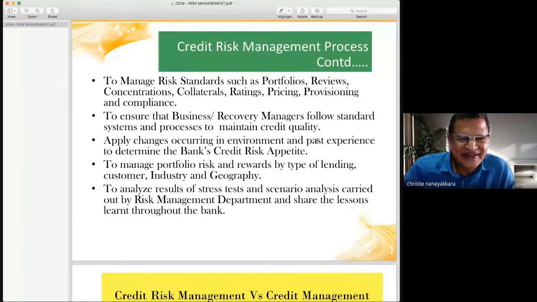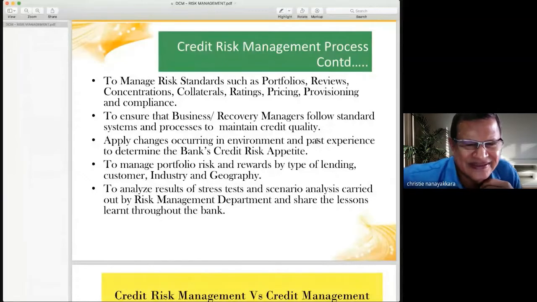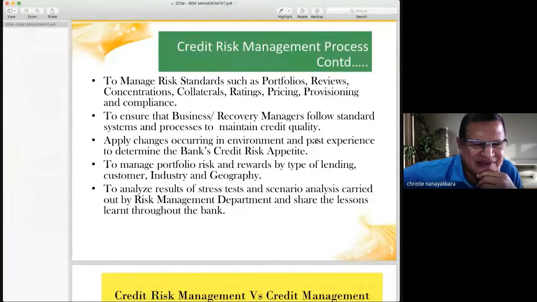At that particular time, they have some futuristic knowledge of what's going to happen. They will immediately advise the bank that these sorts of things may occur, and as a result, our credit portfolio can get affected.